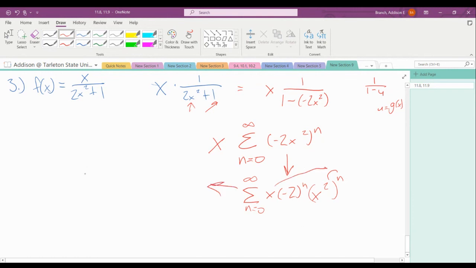And then we have our series as n goes from 0 to infinity of negative 2 to the n times x to the 2n plus 1. And that is our final answer.